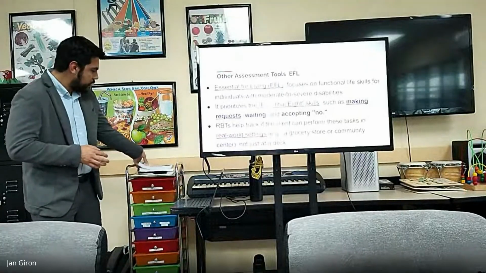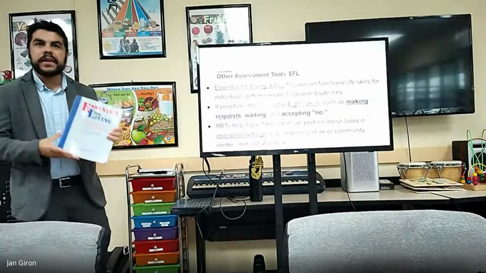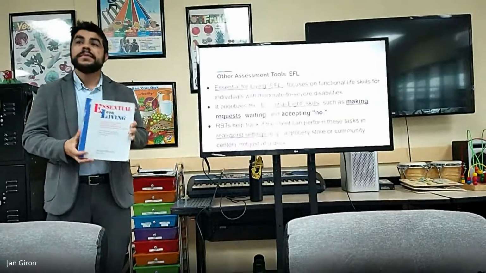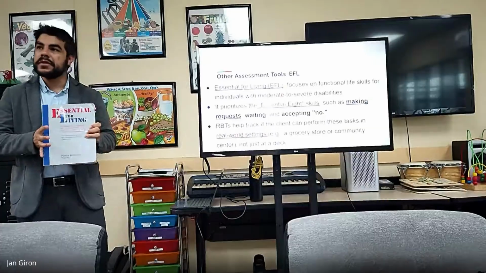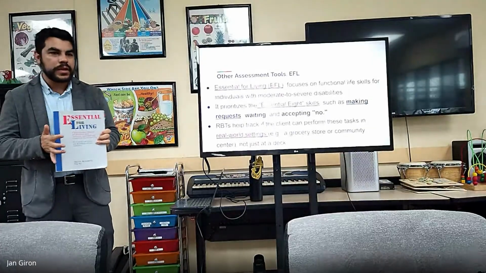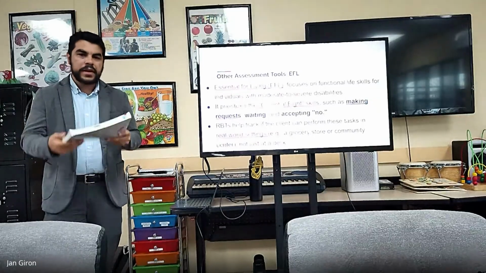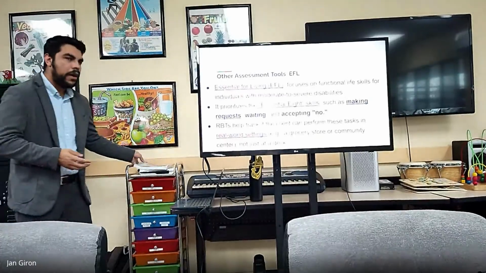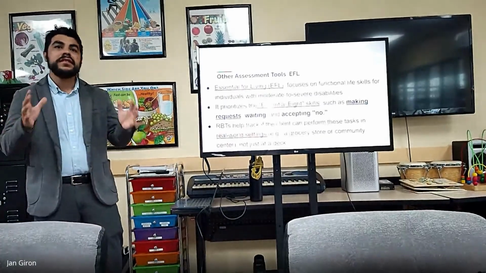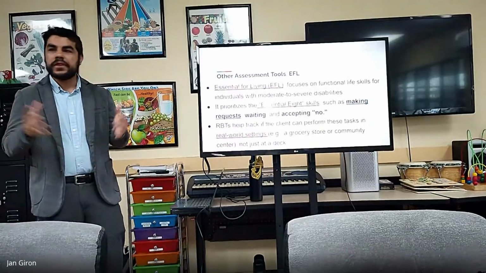And this is essentially what it looks like. This is an assessment tool specifically geared towards individuals with moderate to severe disabilities, which I would say would be all of our clients. Now, the cool thing about this one is it focuses on the most essential skills and individual needs in order to live a functional life.